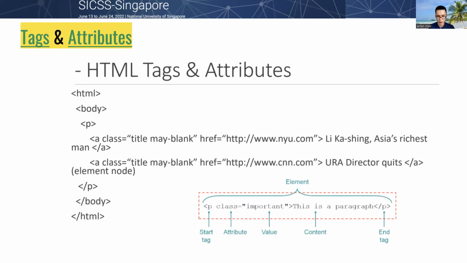The HTML tags contain three main parts: the opening tag, the content, and the end tag, which is a closing pattern. And the HTML attributes are special words which provide additional information about the elements, and they are modifiers of the HTML elements. So each element or tag can have attributes which define the behavior of that element.